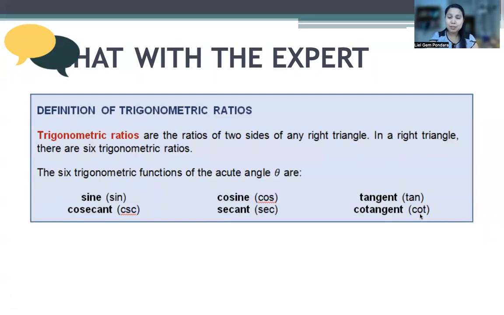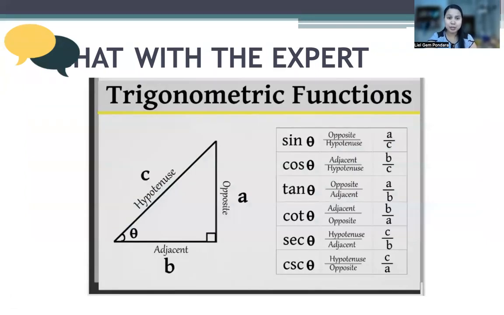Now, how do we solve for these trigonometric ratios? Remember, in this right triangle, we have the opposite, the adjacent, and the hypotenuse. You can disregard the A, B, and C. Just focus on the opposite, adjacent, and hypotenuse.